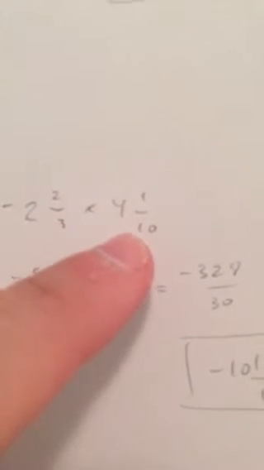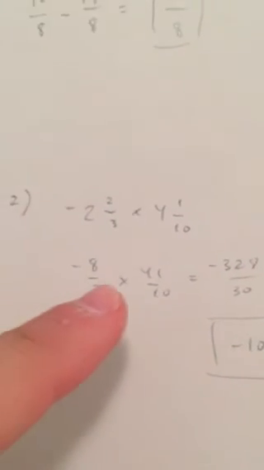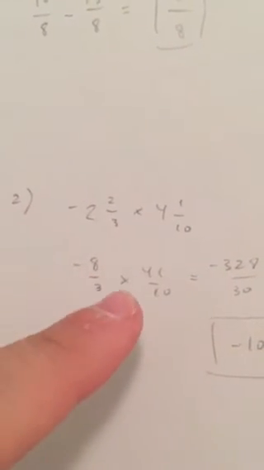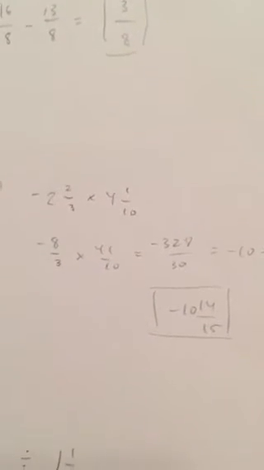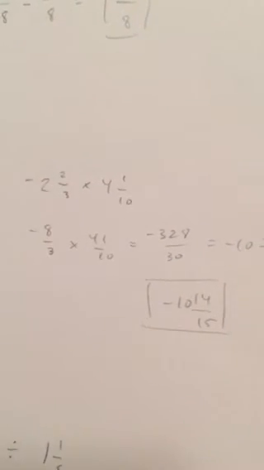Now for this one, it's 4 times 10 is 40, plus 1 is 41 over 10. Here we go. Now we've turned these into improper fractions. Since it's multiplication, we multiply straight across. Negative 8 times 41 is negative 328, and 3 times 10 is 30.